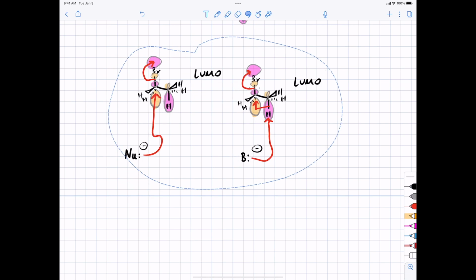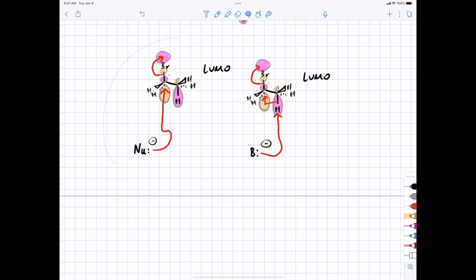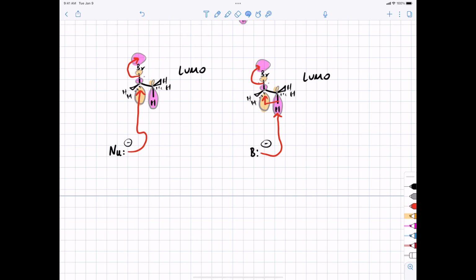Yeah. If what's on the left happens, we call that a substitution reaction, because we're going to replace the leaving group with the nucleophile. If we attack the beta proton, the product there is going to be an alkene.